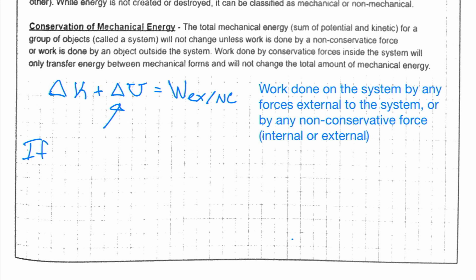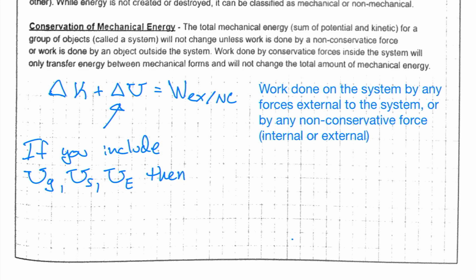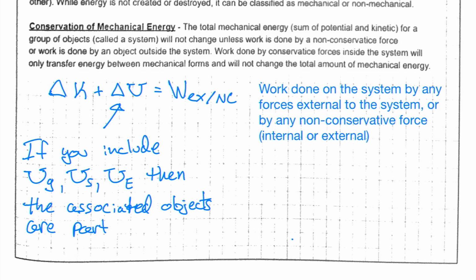If you include gravitational energy, spring energy, or electric energy, then you're implying that the things that create those types of energies, the associated objects, are part of the system.